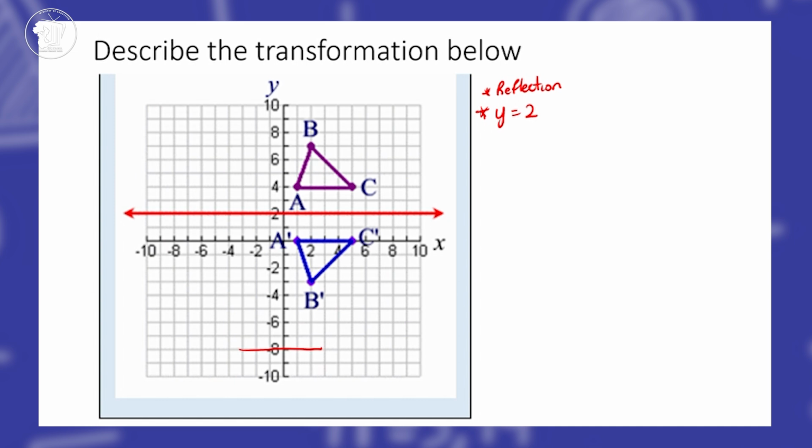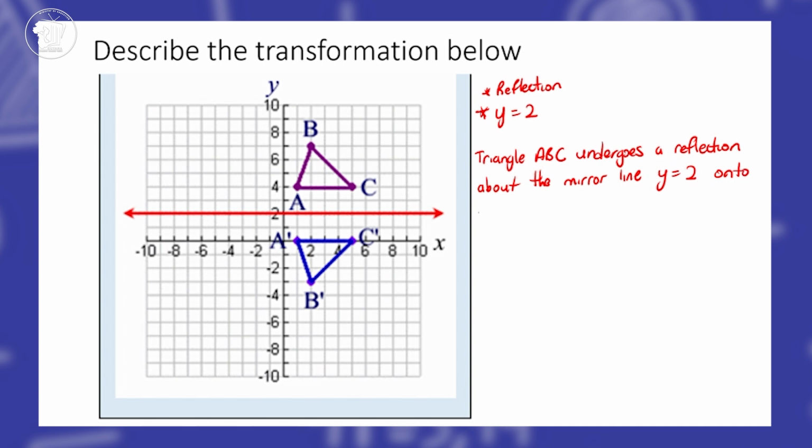So that's how easy it is to get the mirror line once it's through the x-axis or through the y-axis. So to describe this transformation, we will say triangle ABC undergoes a reflection about the line, and we say the mirror line now, or we can say about the mirror line, y equals 2, onto triangle A prime, B prime, and C prime.